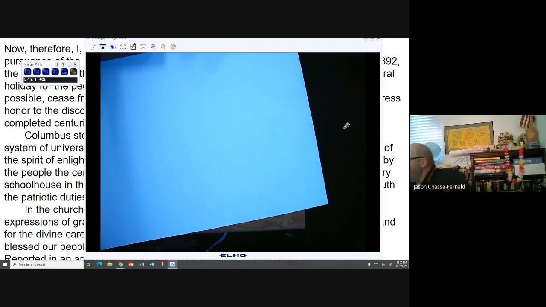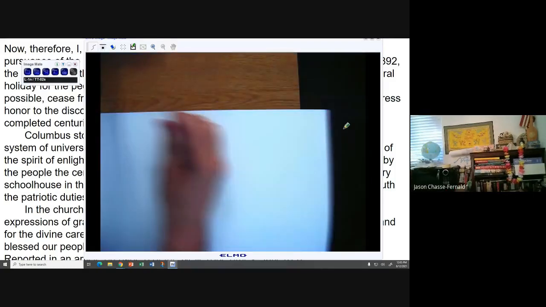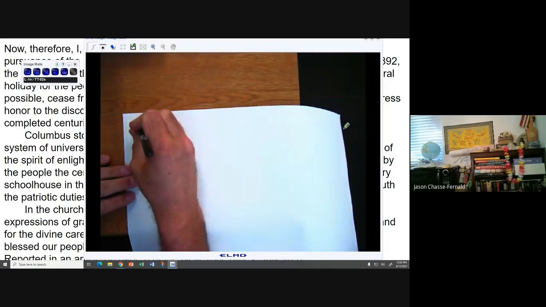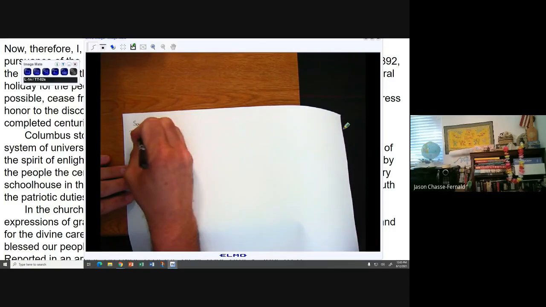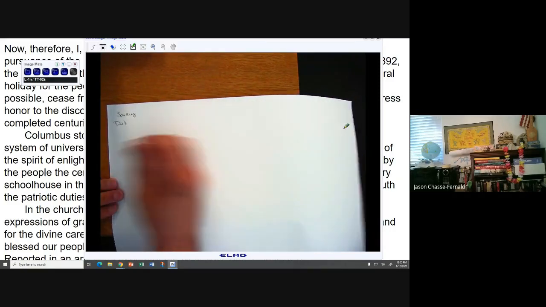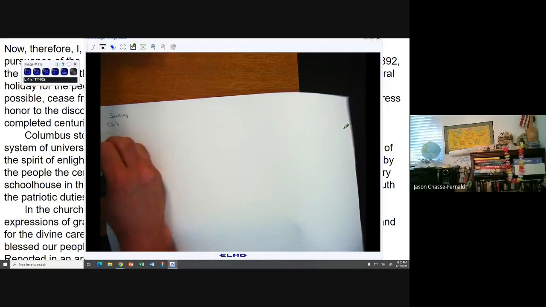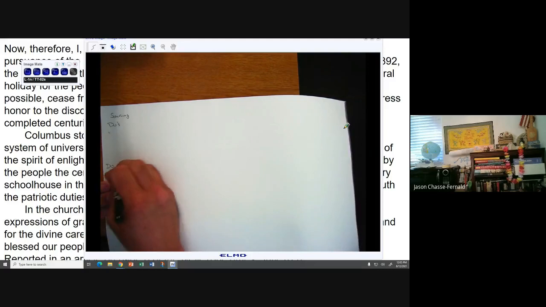All right. So when you're sourcing documents, what I say about this in class is there are some do's and then there are some do nots.